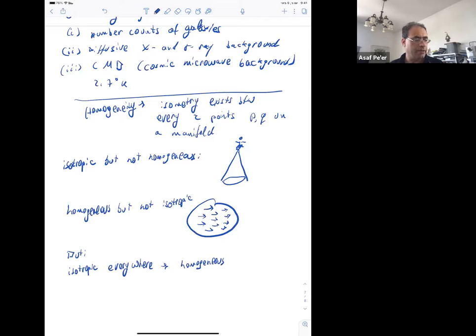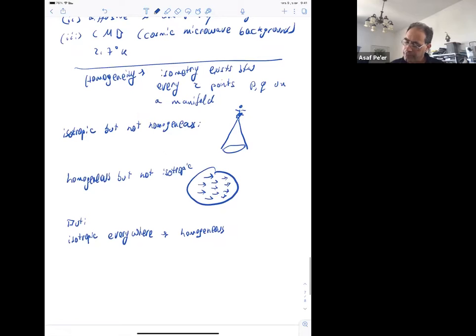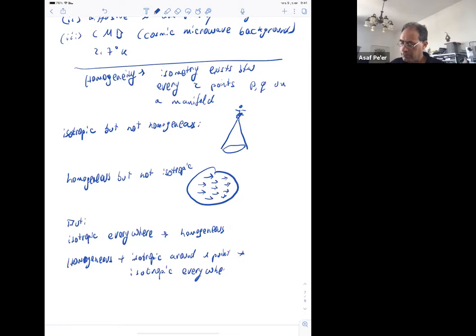And if it's homogeneous and isotropic around one point, that means it's isotropic everywhere. So, think of it for a little bit.